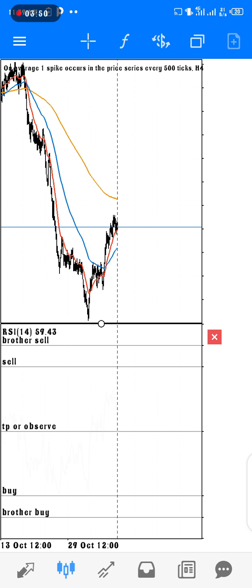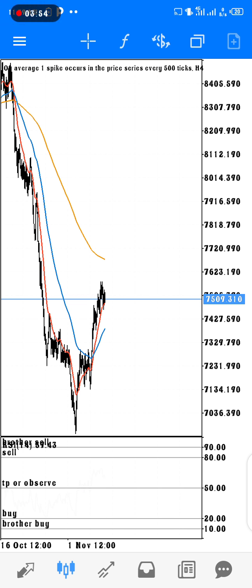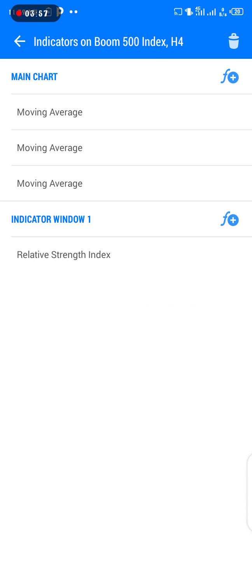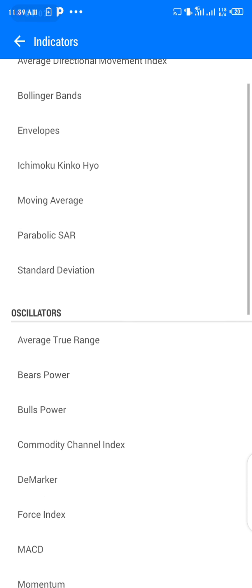You can see. Next we are going to add the indicators we added on our main chart. We'll be adding them on our RSI, so we can know when price is oversold and when price is overbought.